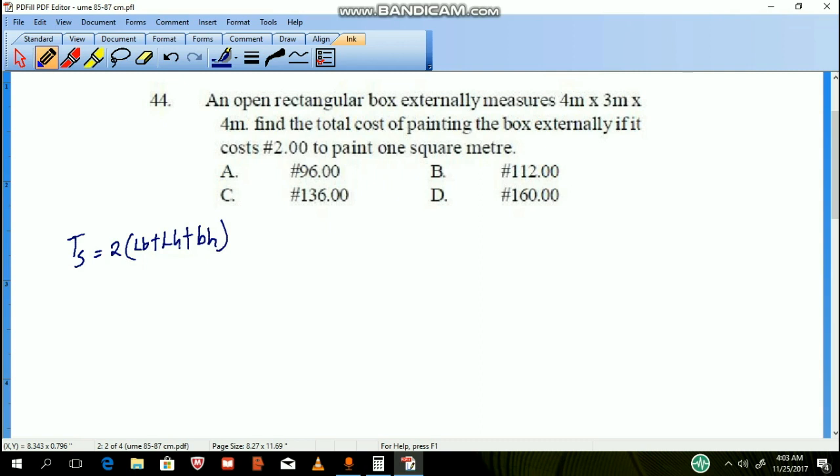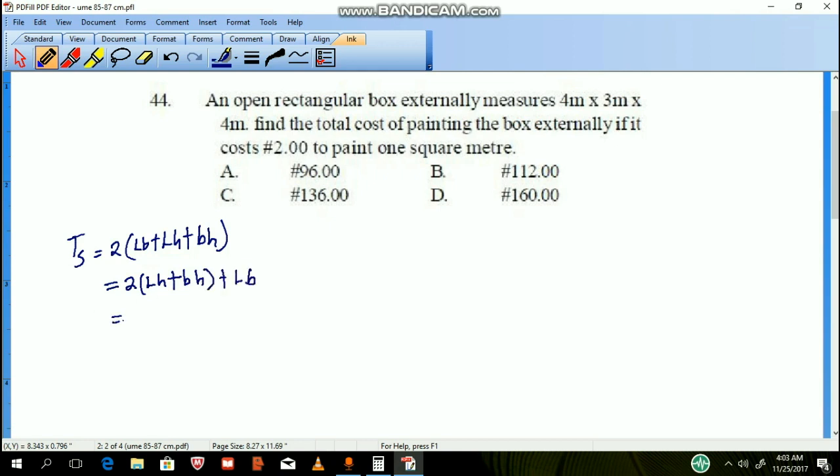But recall that since the top is left open, that means one of the length and the breadth will be off. If I expand this, I am meant to have 2 brackets LH plus BH, then plus 1 of LB.